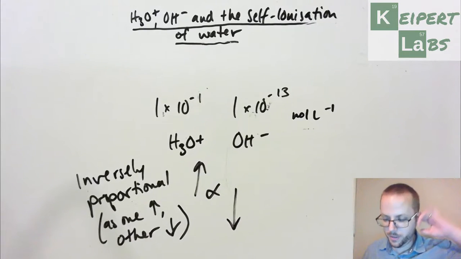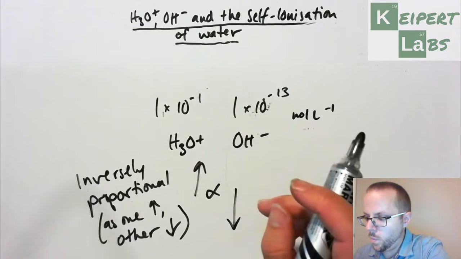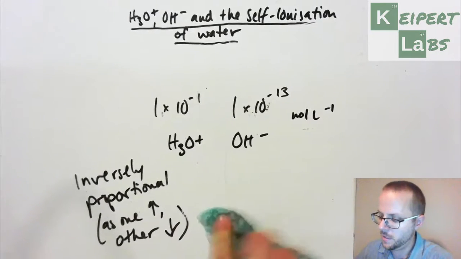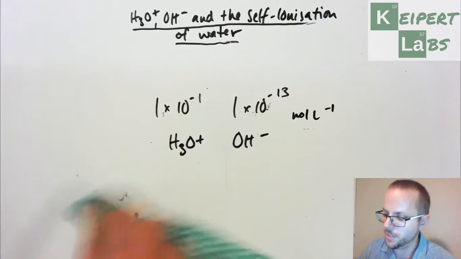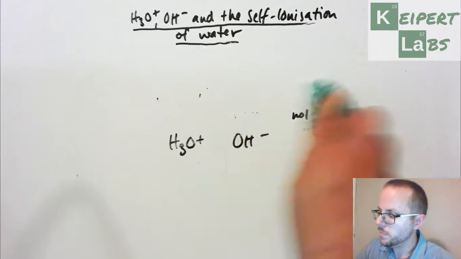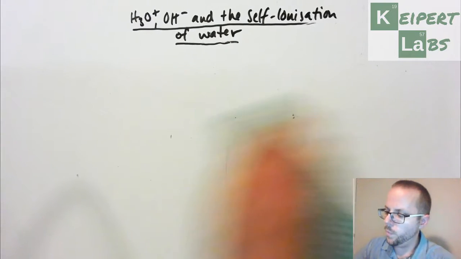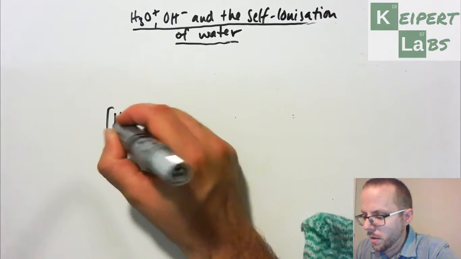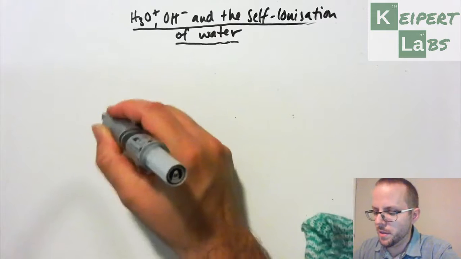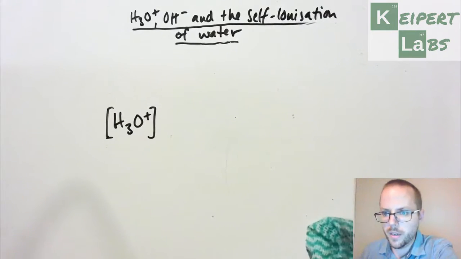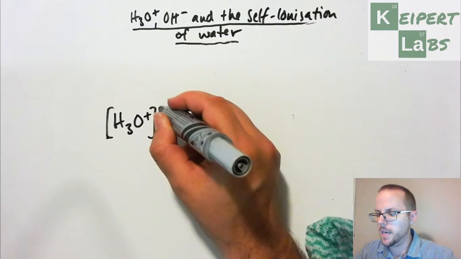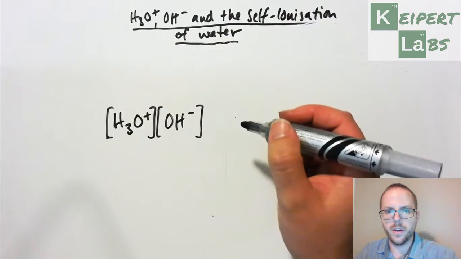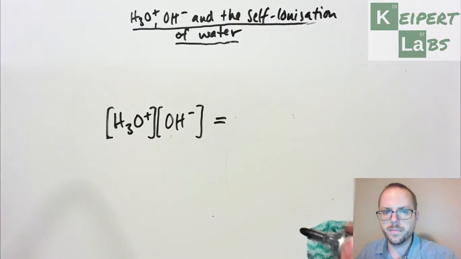And so what we notice is that we see a specific mathematical relationship here. We don't see anything particularly mystical about it, even if it's an interesting relationship to notice. So we've generalized the pattern out to say, if I take the concentration of the hydronium ion, and that's what this bracket notation means, just so that you're aware, at any conditions, and I multiply it by the concentration of the hydroxide ion, I get a constant number.